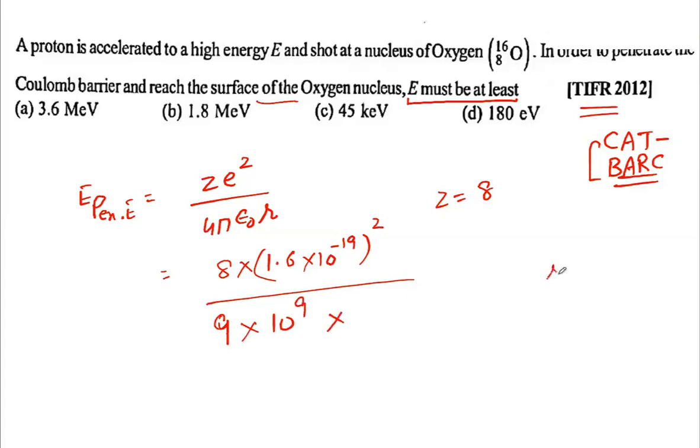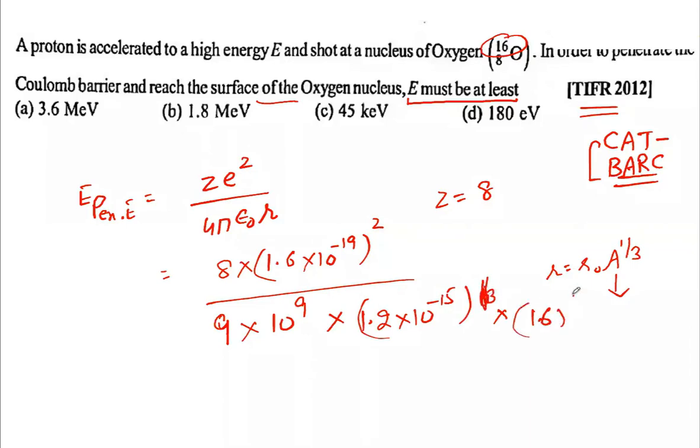R is equal to R naught A to the power 1 by 3, where A is the atomic mass. The atomic mass of oxygen is 16, and R naught is equal to 1.2 femtometer. So R comes out to be 1.2 into 16 to the power 1 by 3.